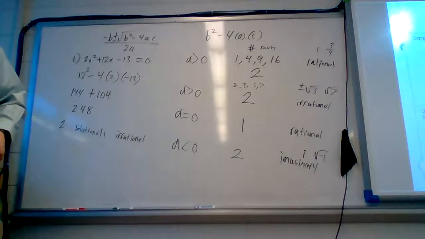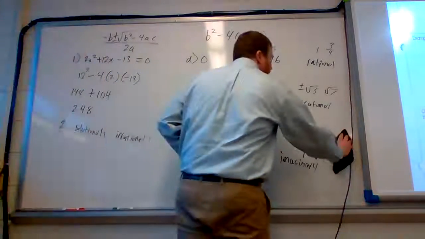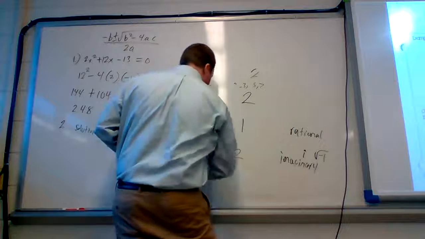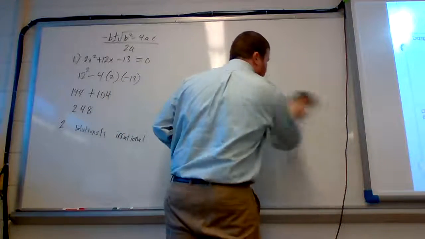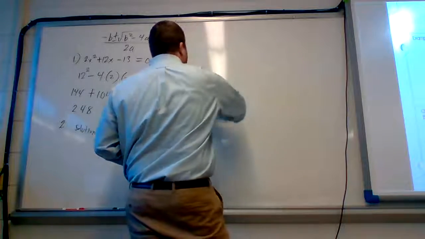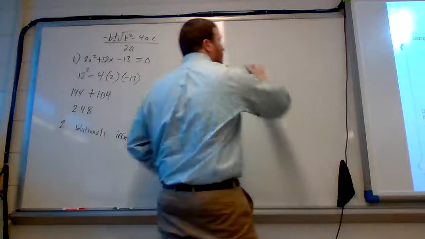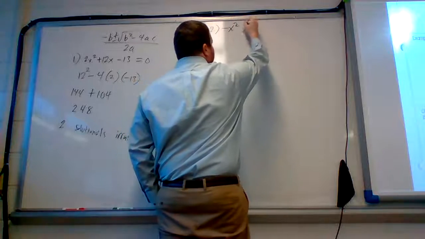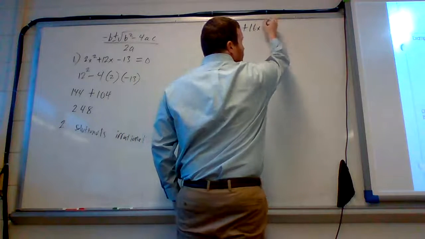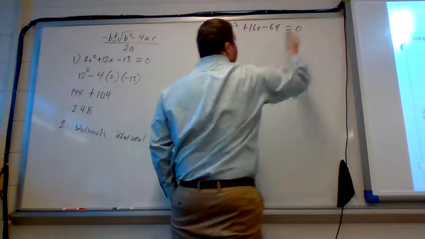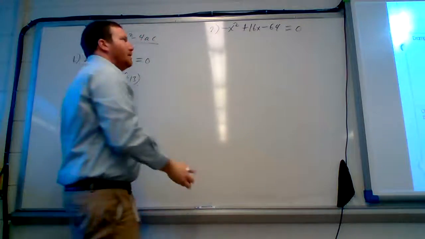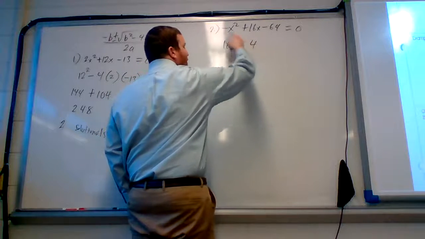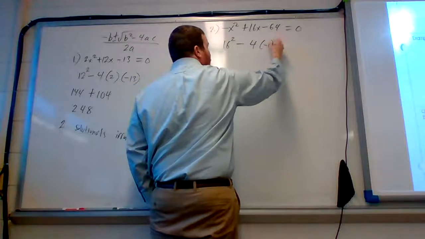So let's look at number 2. Negative x squared plus 16x minus 64 equals 0. So again, b squared, so 16 squared minus 4 times our a times our c.